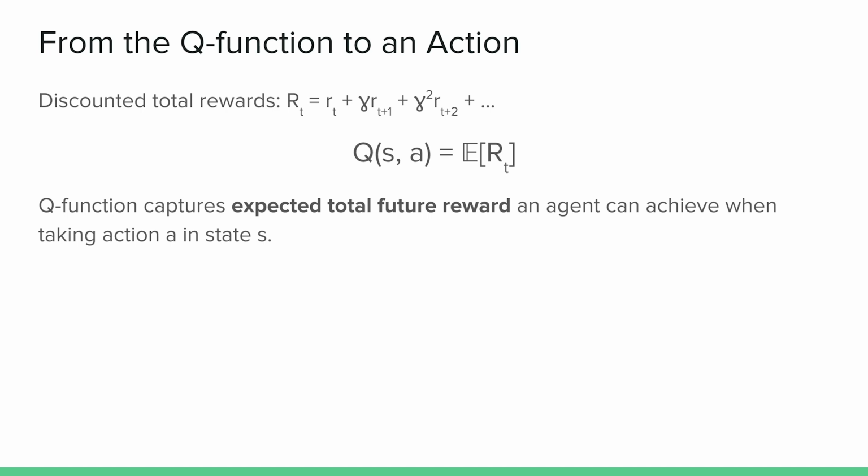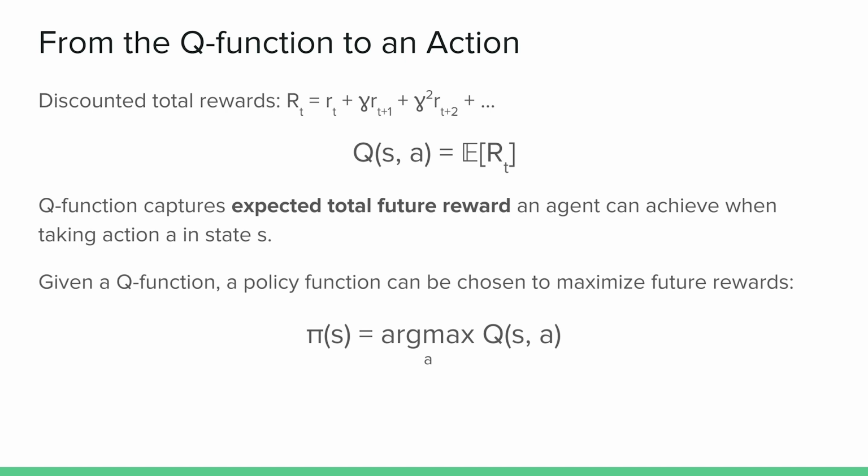When we have such a function Q, a policy function to say which action I should take is basically just taking whatever action gives us the highest reward. So we take the argmax of Q given a certain state.